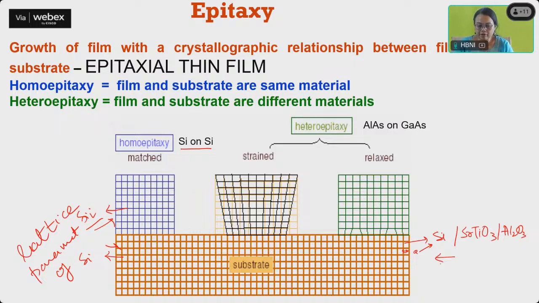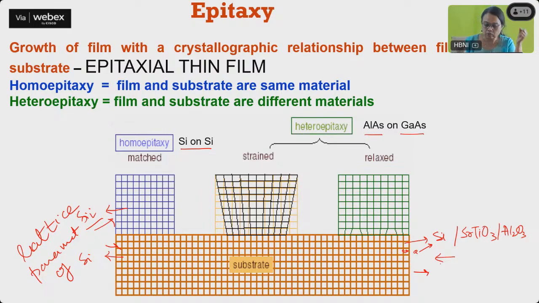And in case of heteroepitaxy, we have a different substrate. My seed is different and the material I am trying to grow is different. Like aluminium arsenide on gallium arsenide, or gallium arsenide on silicon. So there will be a lattice mismatch.